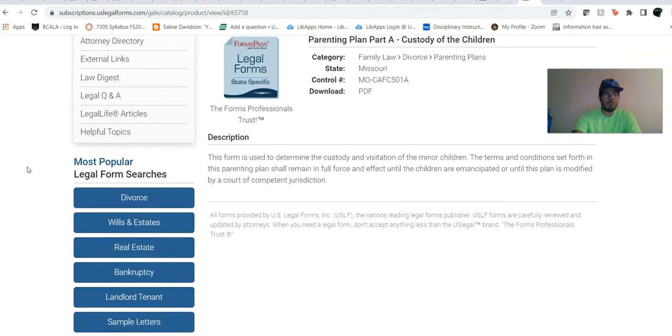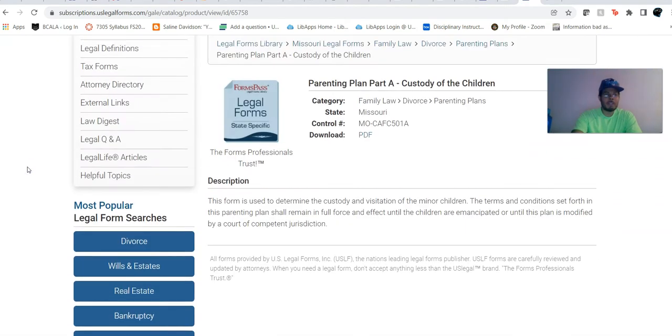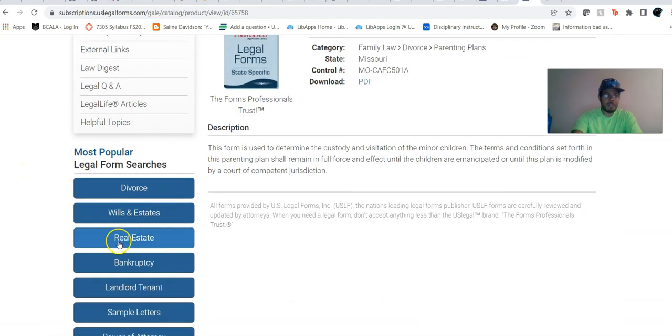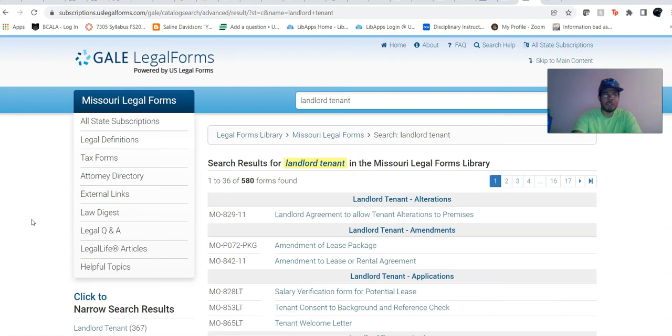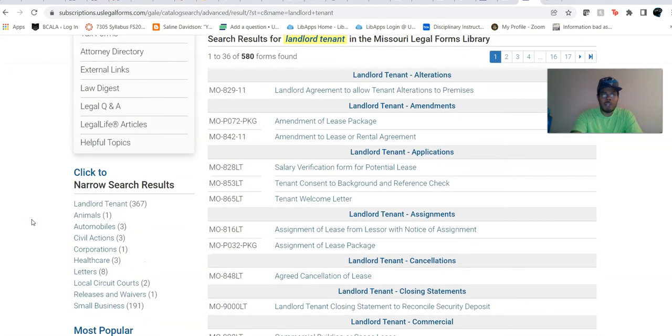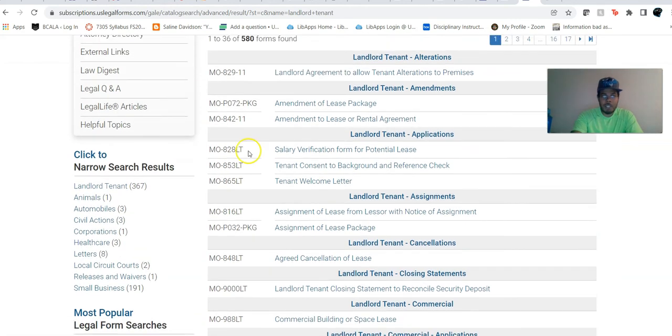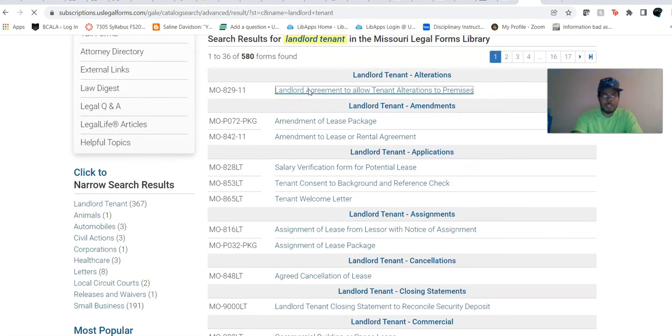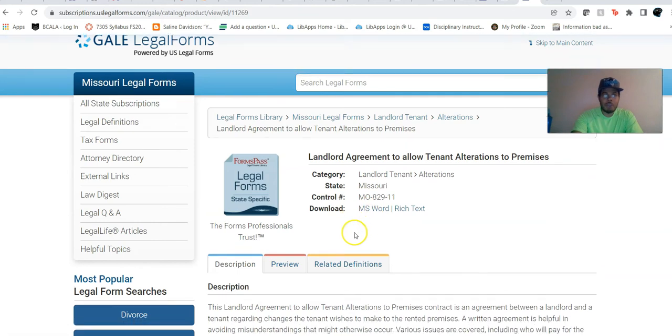Now you can also do different categories, and I will show you, as far as landlord tenant, I'm pretty sure a lot of these are going to be in Word form as well. So let's take a look at this first one here. Yeah, so we've got Word here.